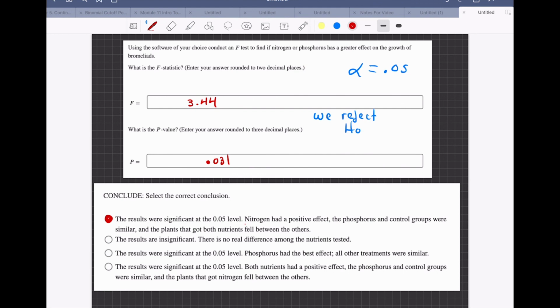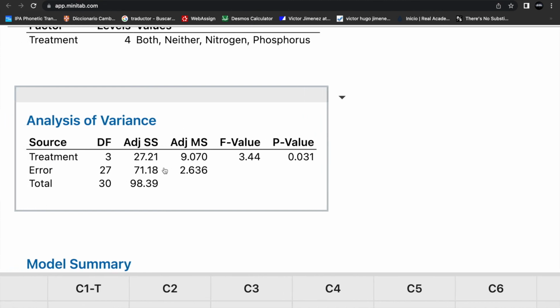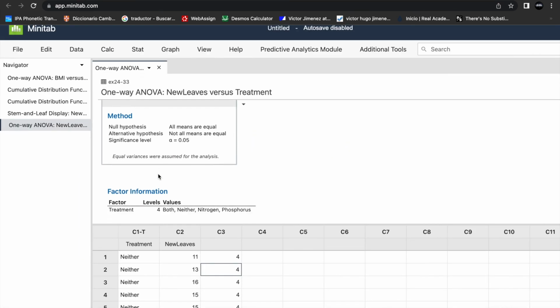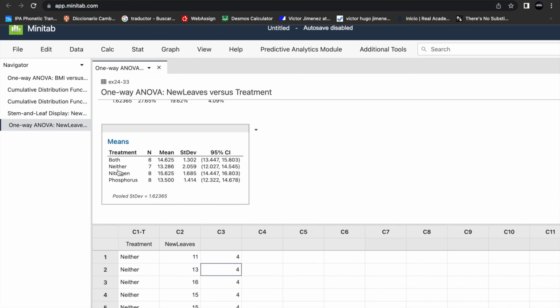But here it says that nitrogen had a positive effect. How do we know that? Well, the conclusion formally should be only that they are different, right? All the population means are different, but in this case we're saying that nitrogen had a positive effect.